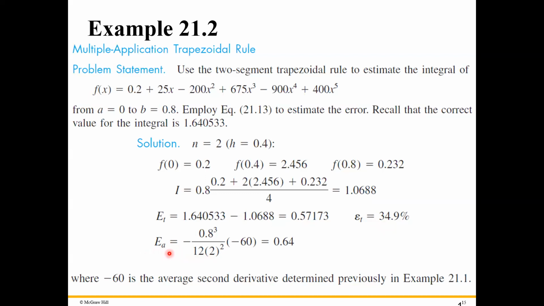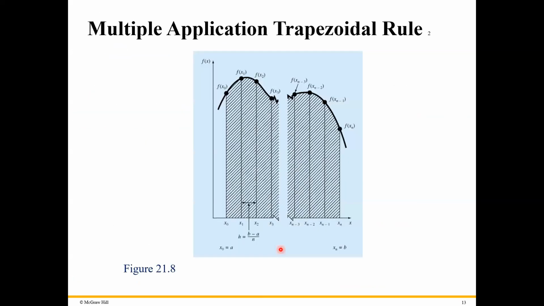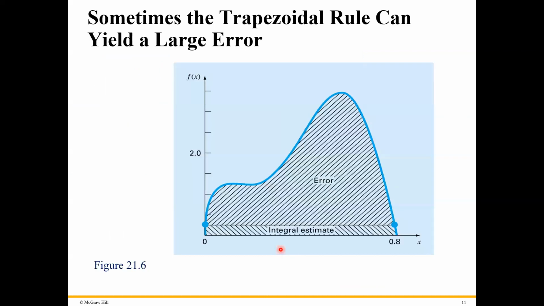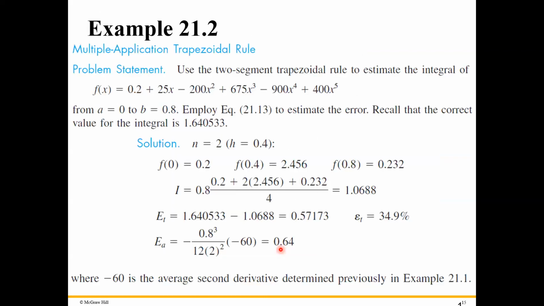The approximate error by the formula is 0.64. Earlier it was 2.56, and now it is only 0.64. So that means now the approximate error has also reduced.